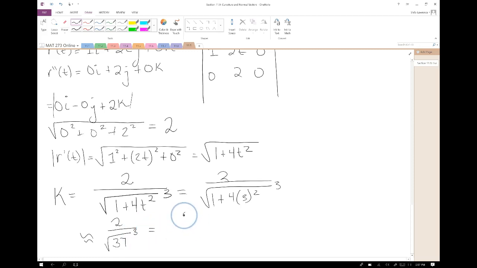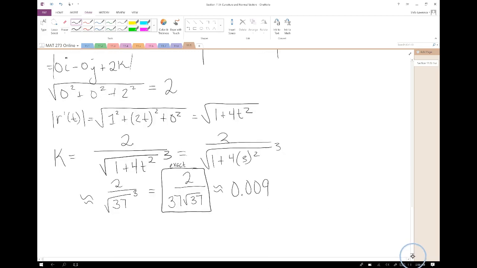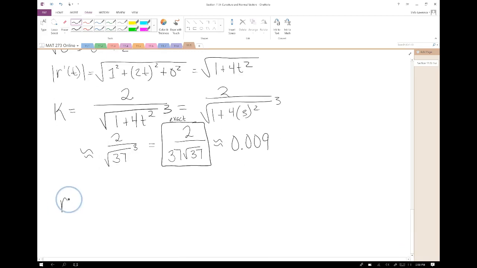So if we want an exact answer, this would be 2 divided by 37 square root 37. Or for an approximate answer, we can type that in our calculator, and I get a really tiny number. It's about 9 thousandths.